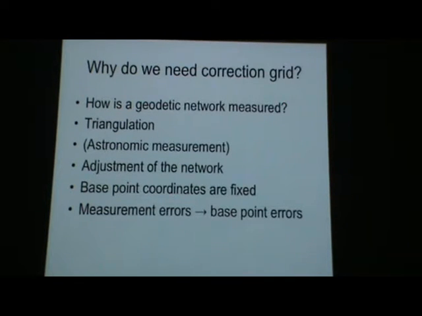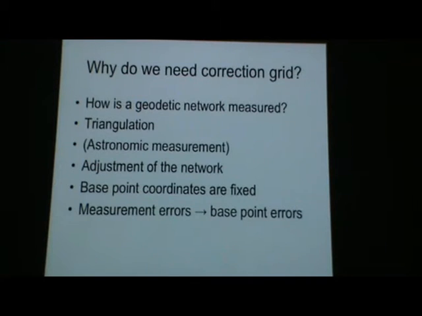And practically the old geodetic systems, especially in the case of the first and second, and also the third Habsburg military empire mappings, are full of this kind of errors. So the geodetic base points are erroneous in their own system, and these errors introduce an error in the mapping. It means the map sheets are somehow shifted a little bit. Okay. So we need a correction grid to rectify this problem locally. A correction grid locally makes a correction.